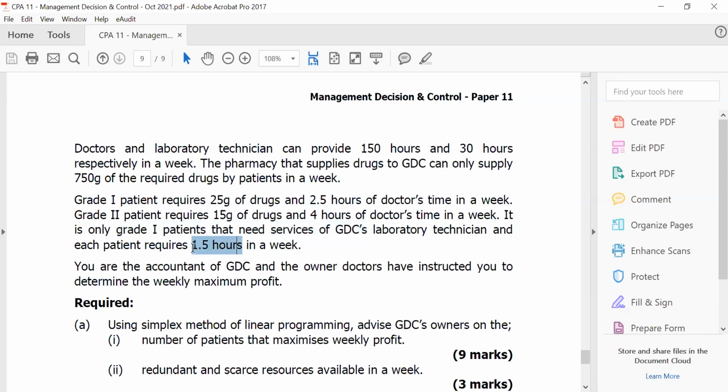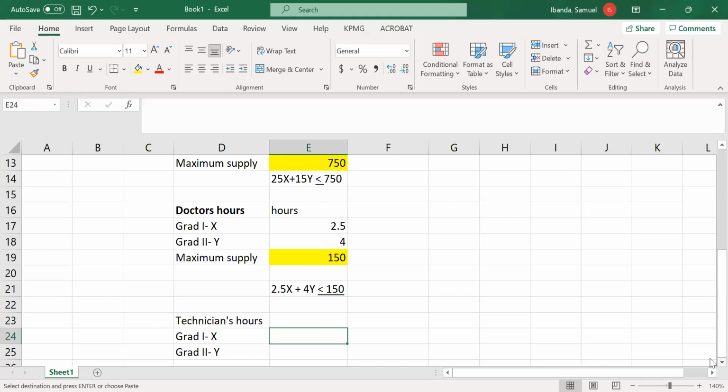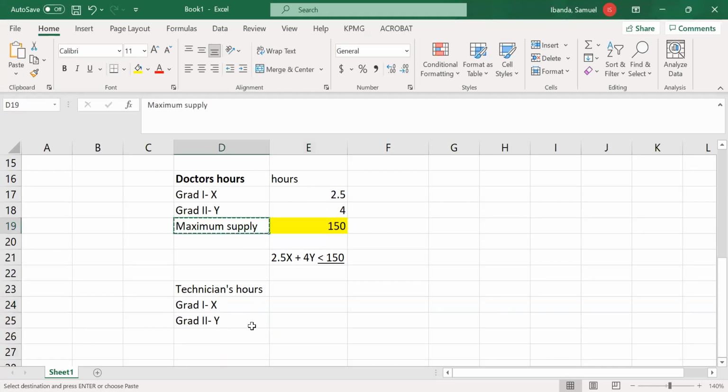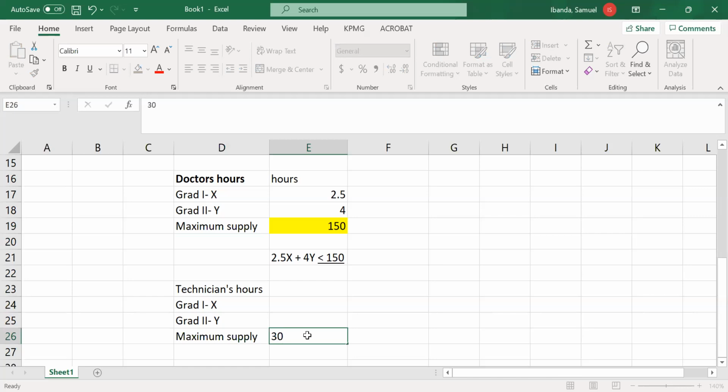So that means grade 2 does not require it. But also, we need to understand that the technicians can only provide up to 30 hours, so we cannot take on more than that. Maximum supply is 30 at hand. Then grade 1 requires 1.5, and grade 2 requires 0.